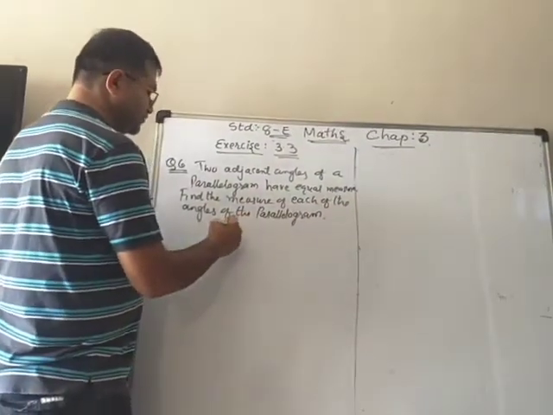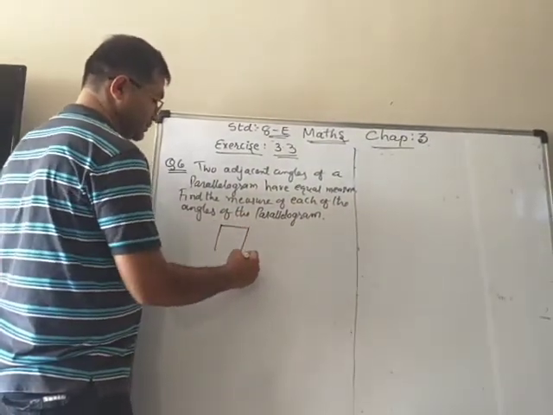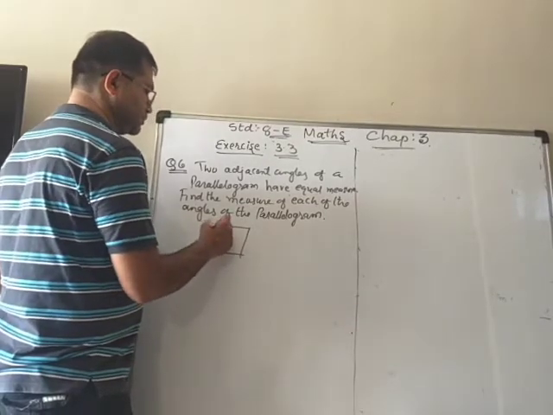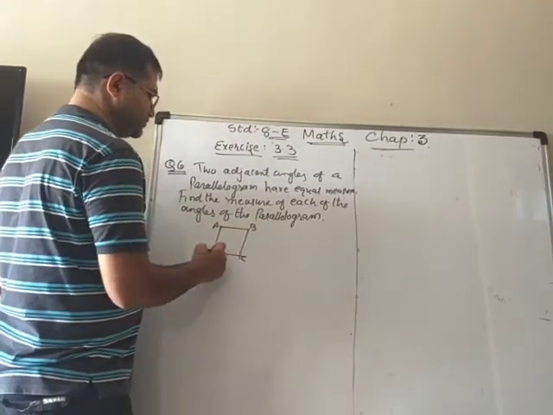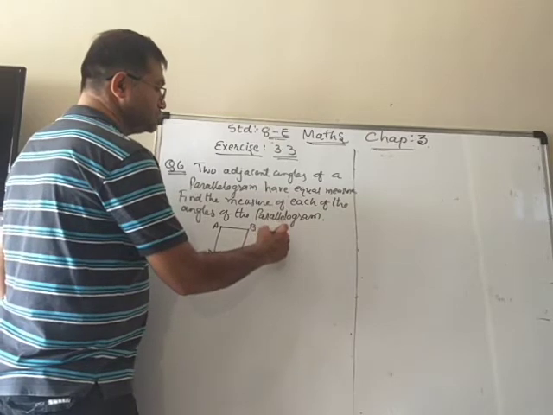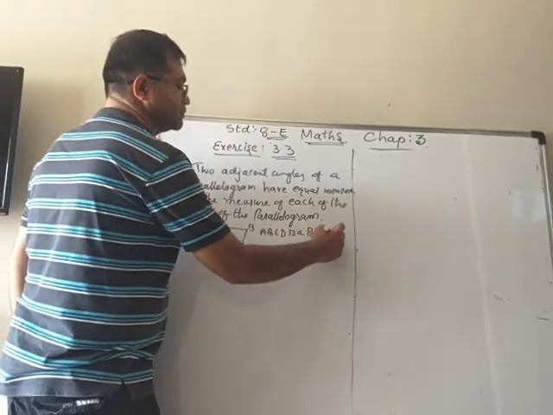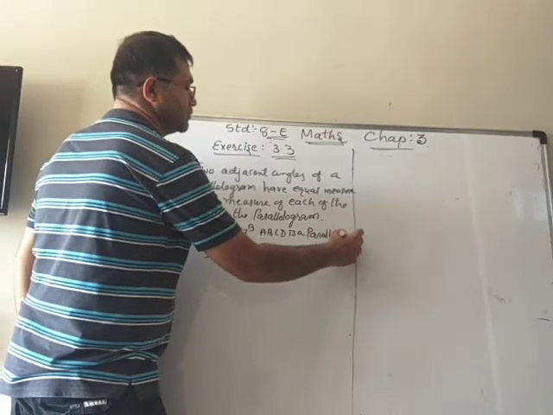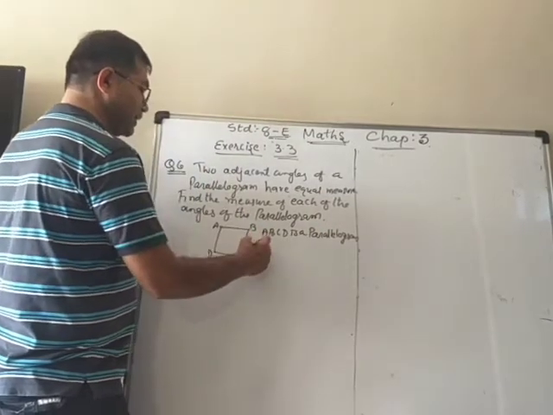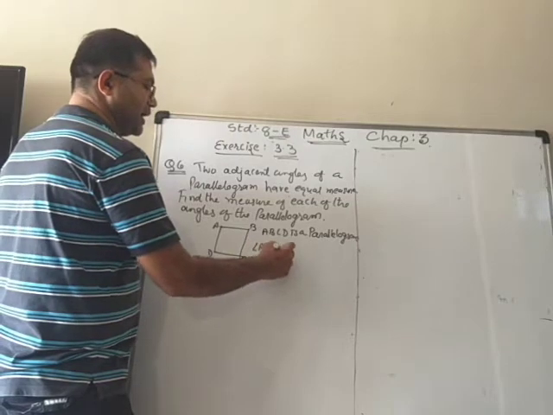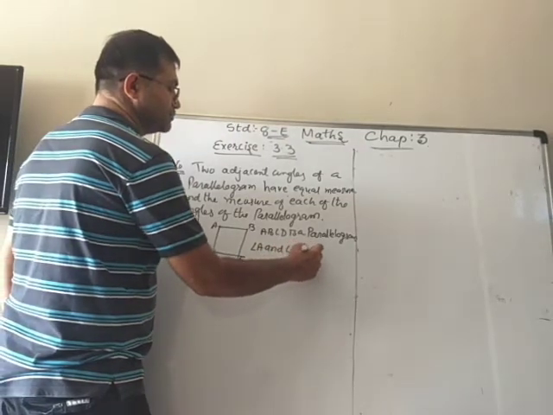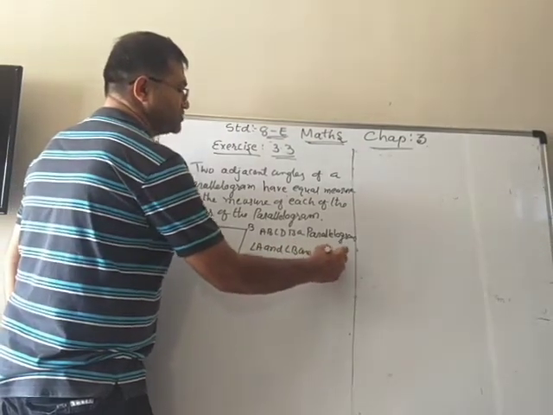For our convenience, we can draw a small figure. Say A, B, C, D. So ABCD is a parallelogram. Now, angle A and angle B are adjacent angles.